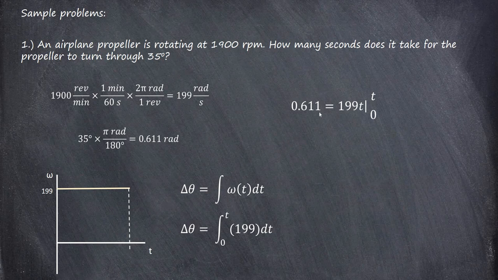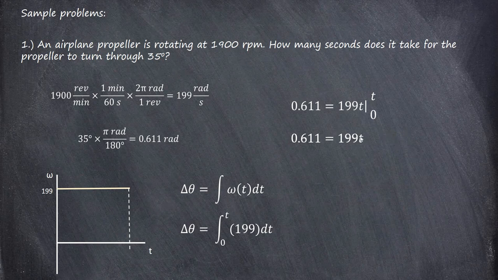which is our angular displacement, is equal to 199t evaluated from 0 to t, or 199t minus 199 times 0.